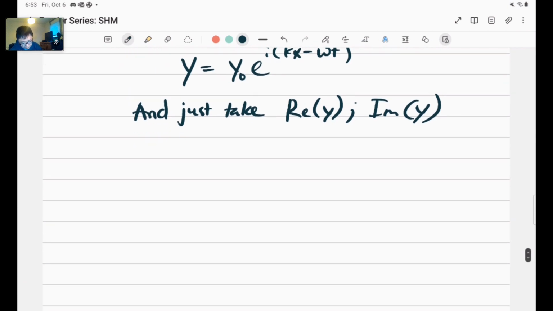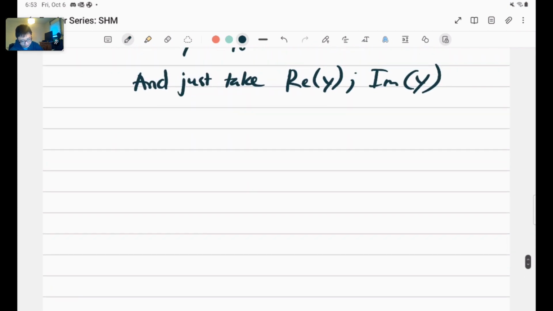Okay, now let's do a sample exercise to see what's going on here. Sample exercise. I don't even know how to spell exercise. Hopefully this is the right way.